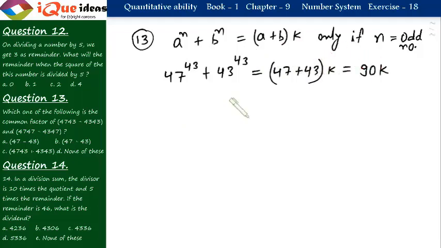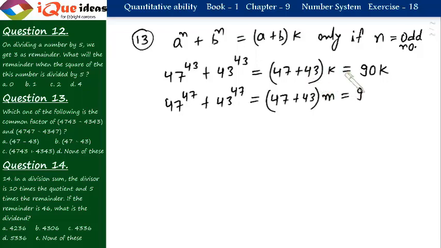k is just a multiple, just to show a multiple. Similarly, 47 to the power 47 plus 43 to the power 47. Once again, 47 is the power in both cases and 47 is an odd number. So this number is divisible by 47 plus 43, and let's consider some other multiple m. So it is 90m.